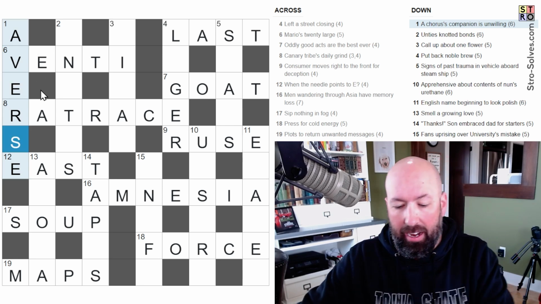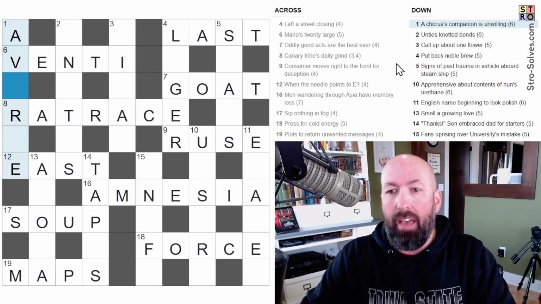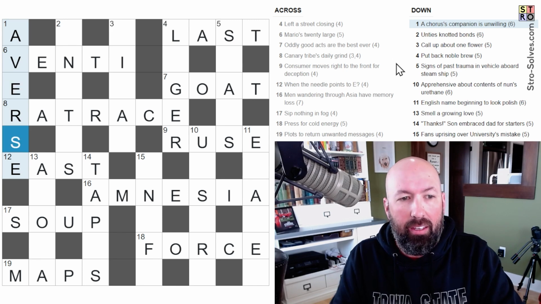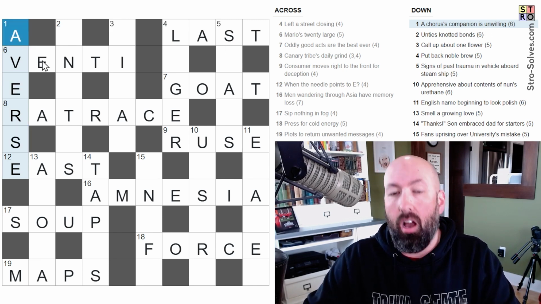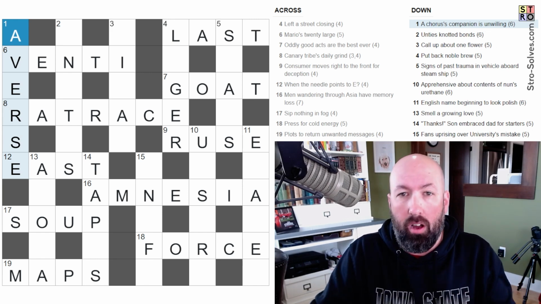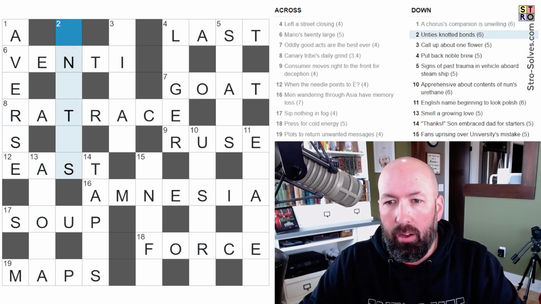Or you could also think of it as the letter A, and then chorus's companion is verse. So either way, if you put them together as one word, averse means unwilling. If you are averse to something, you are unwilling. So there we go.